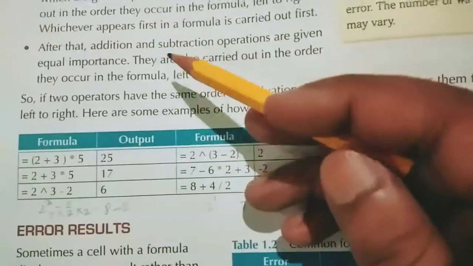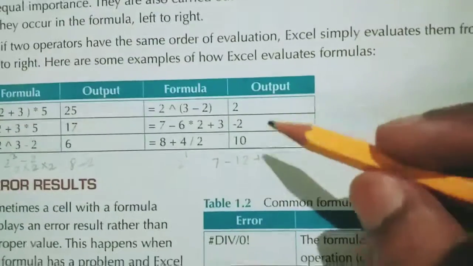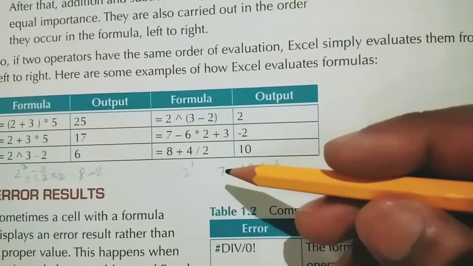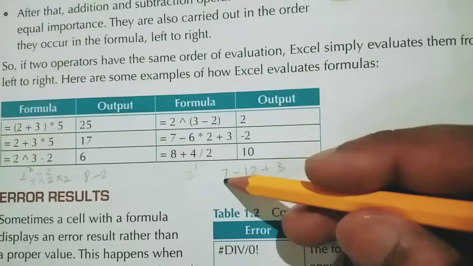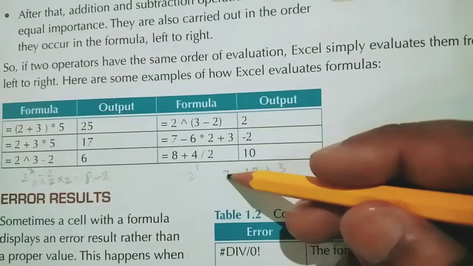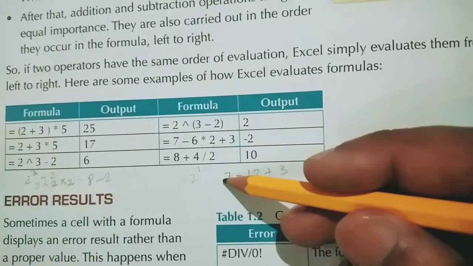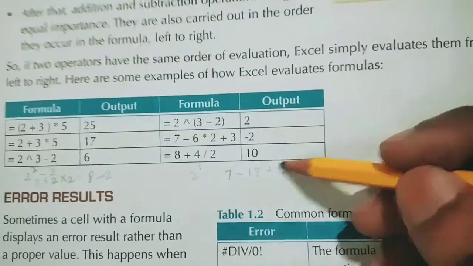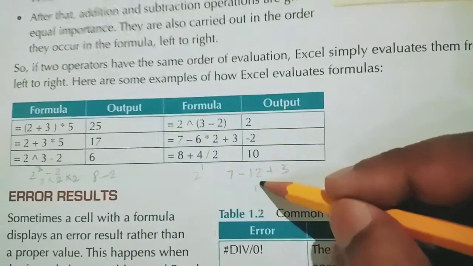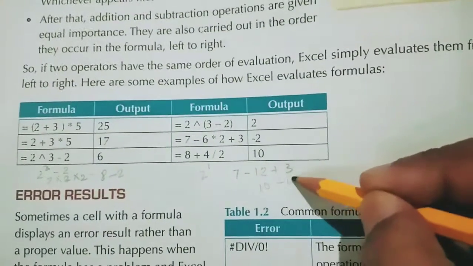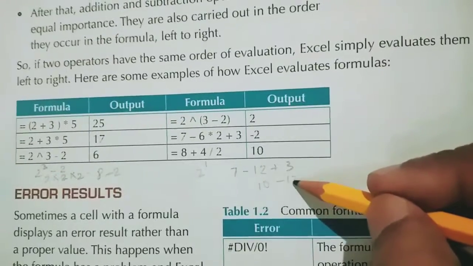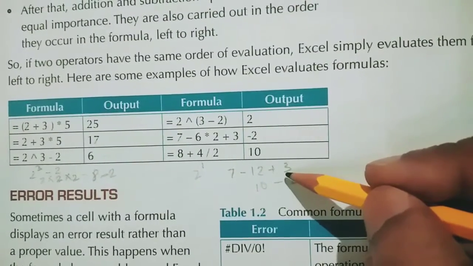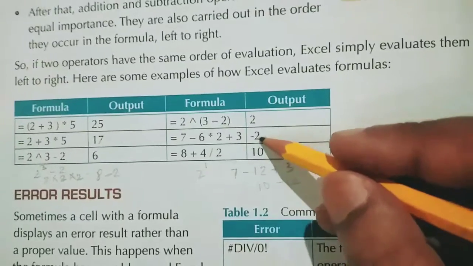You know that addition and subtraction have equal importance, but whichever comes first from the left side will be performed first. Addition is there because before 7 there is no sign, which means it is addition. So 7 plus 3 will be performed. 7 plus 3 is 10. 10 minus 12 is minus 2. You have studied this in the integer chapter of maths. So it is minus 2.